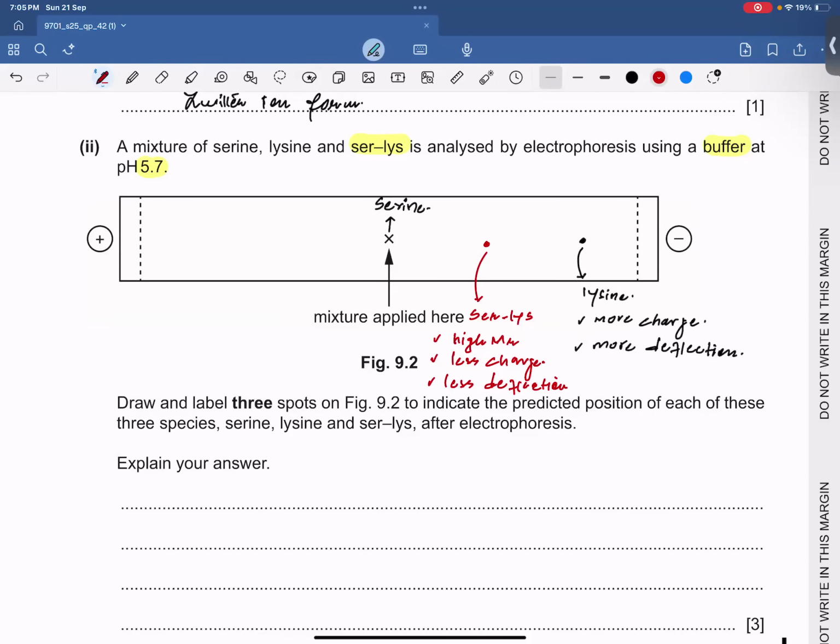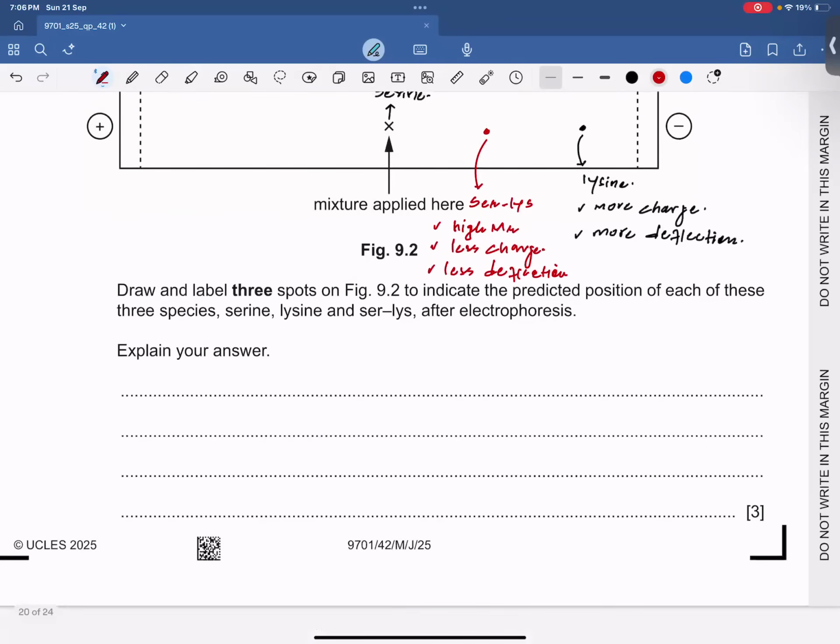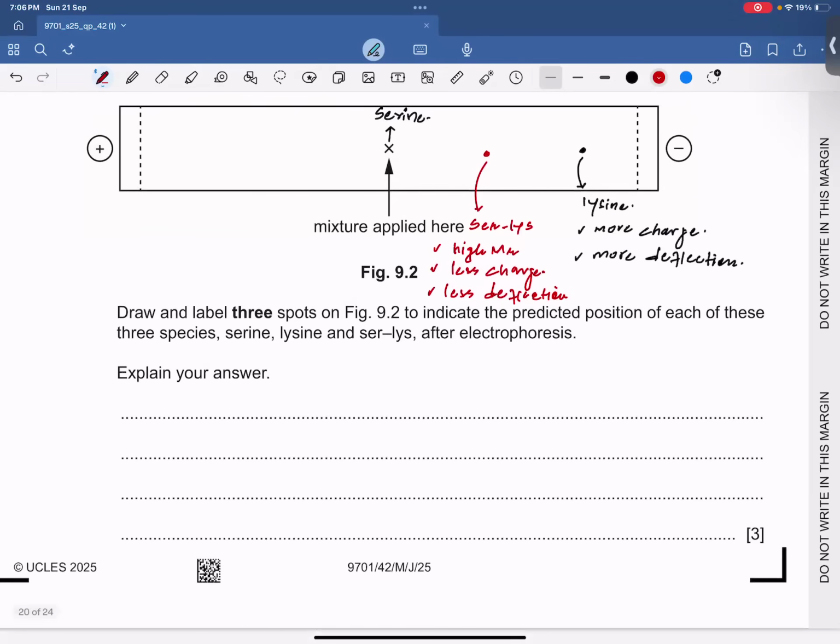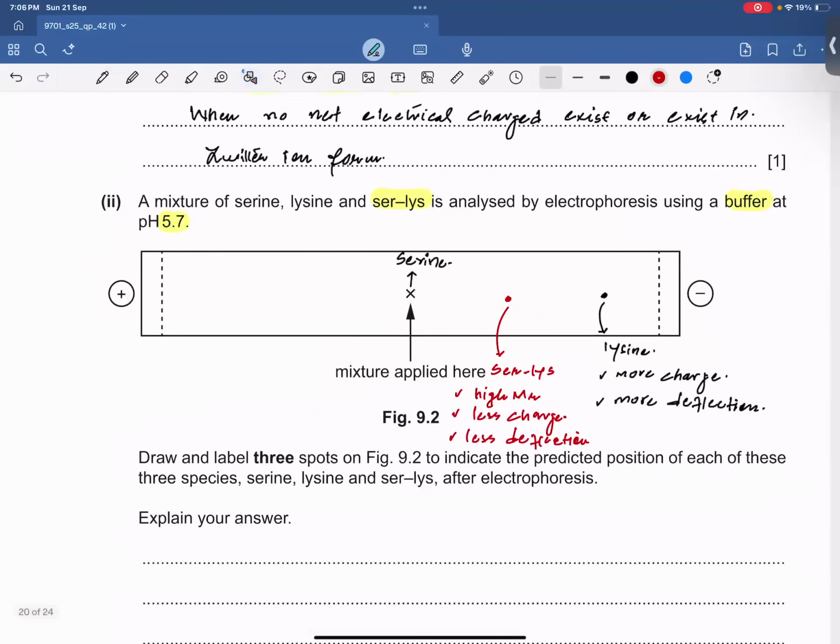All the amino acids and dipeptides exist as cations, so they will deflect towards the negative terminal. So explain your answer, and that's my explanation actually.